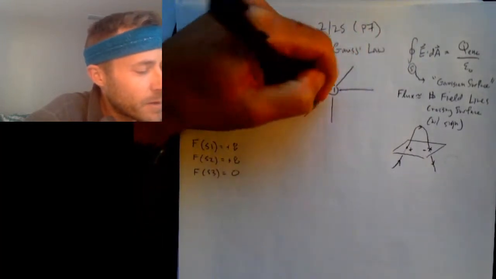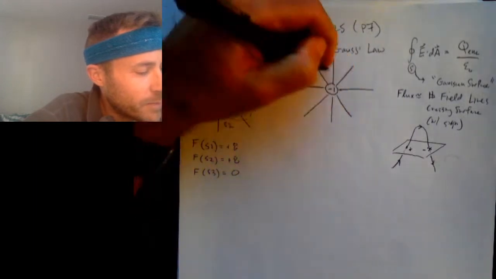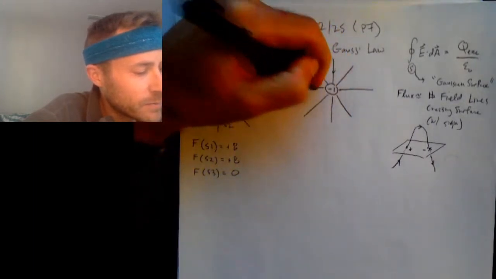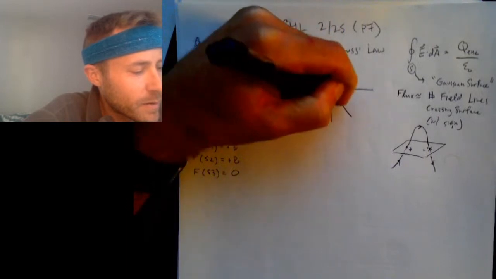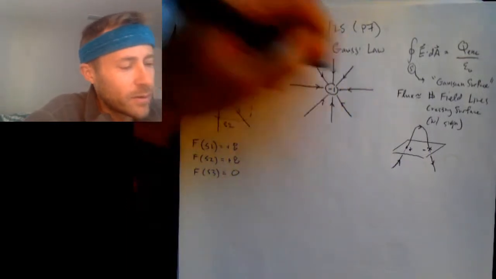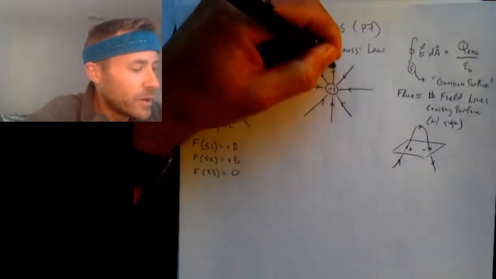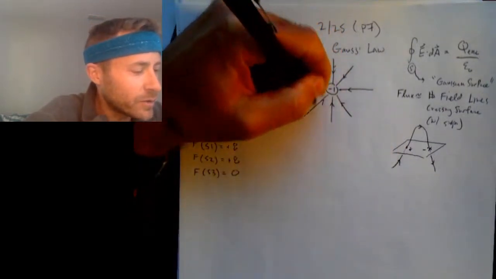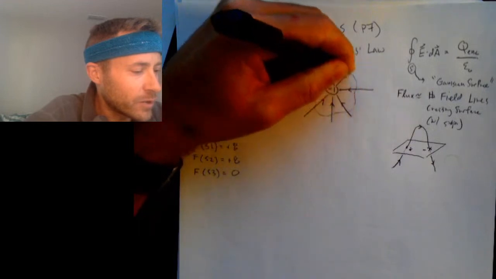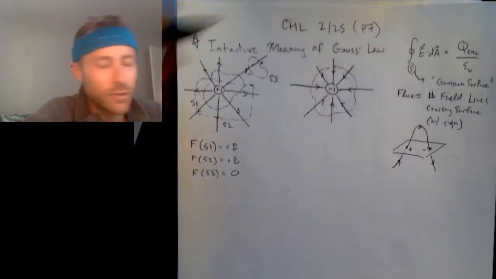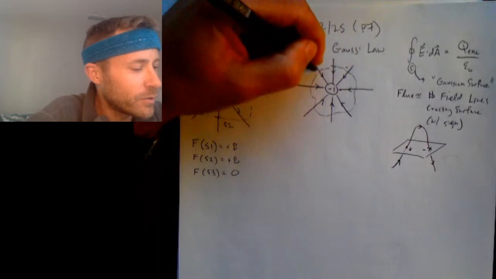All right, and as we said, the flux, if field lines are going in, the flux is negative. So if I have a Gaussian surface that surrounds this negative charge, all of these field lines contribute negatively to the flux.